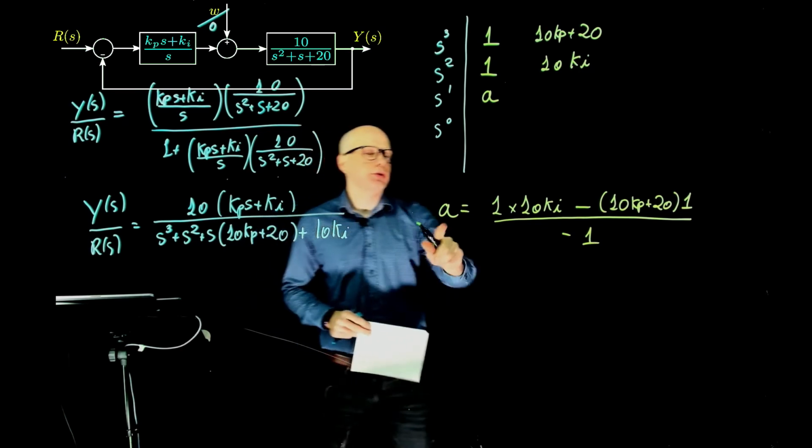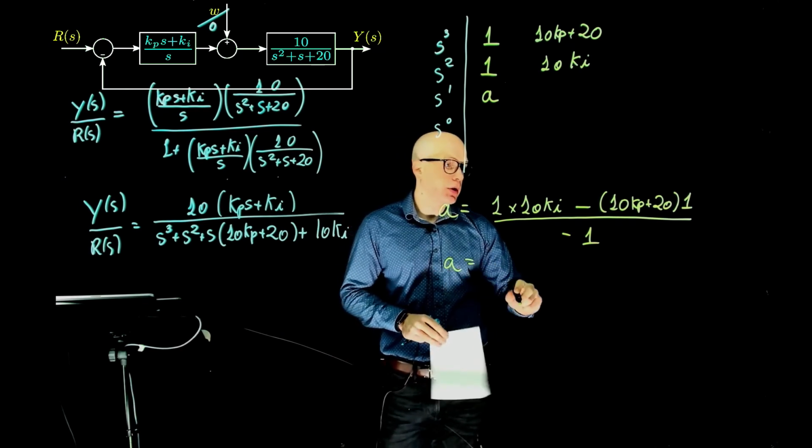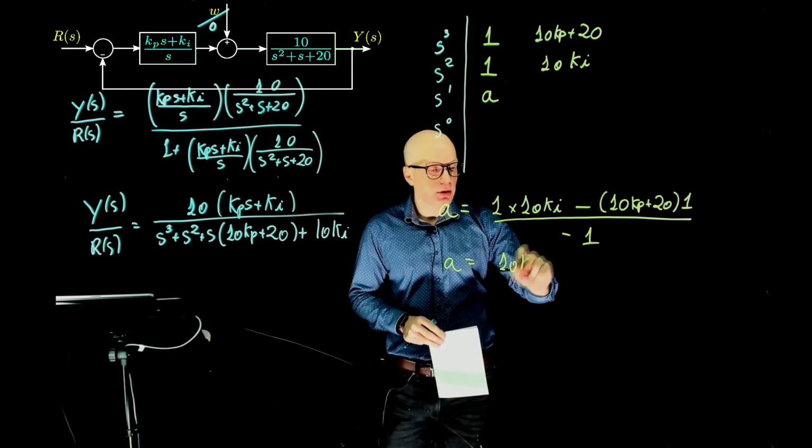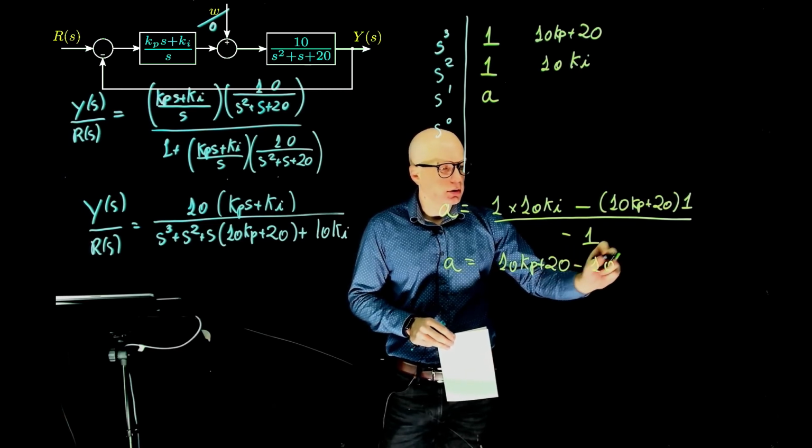Okay, that's coefficient A, and A is then 10 Kp plus 20 minus 10 Ki.